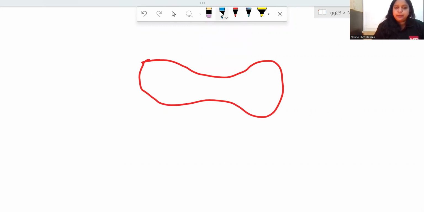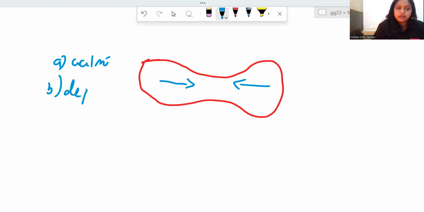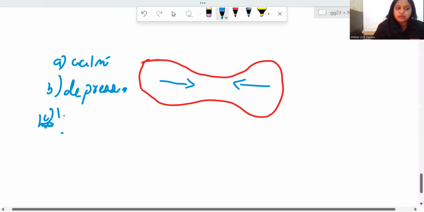Here you can see that they've given an arrow in this direction. The options were culmination, depression, horizontal bed, etc. These were the options.